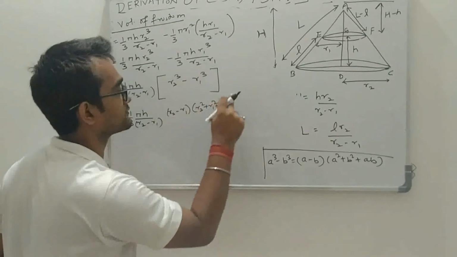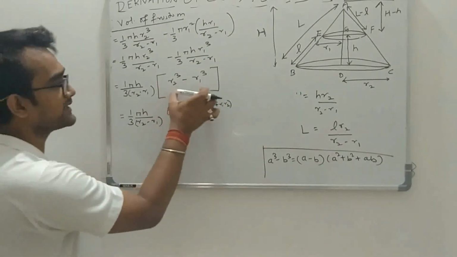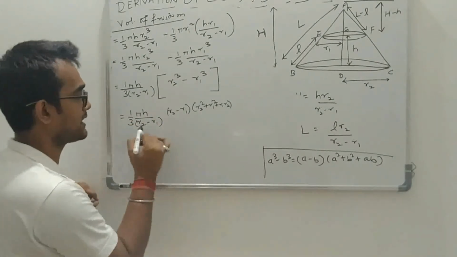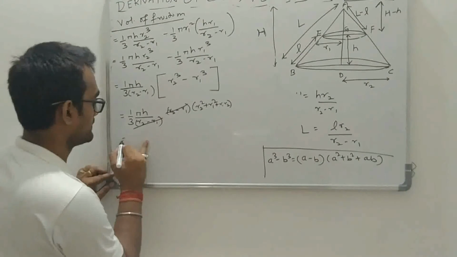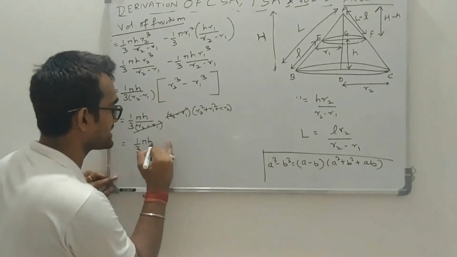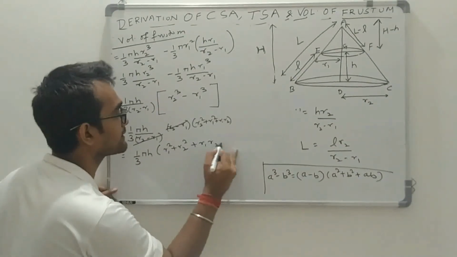This bracket is of no use. So by expanding a cube minus b cube, I got this. Now r2 minus r1 will get cancelled. So the final formula is 1 by 3 pi h into r1 square plus r2 square plus r1 r2.